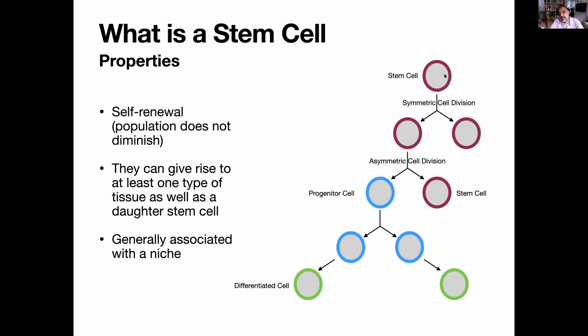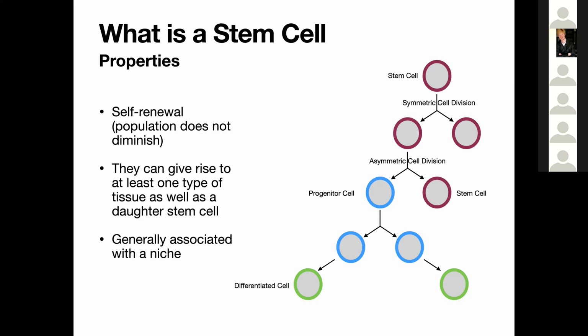And so it's possible that stem cells may have ways of resetting their telomeres so that they can divide much more than a progenitor cell. You can do some investigation yourselves. Check PubMed or Google and see if that's actually the case, okay?